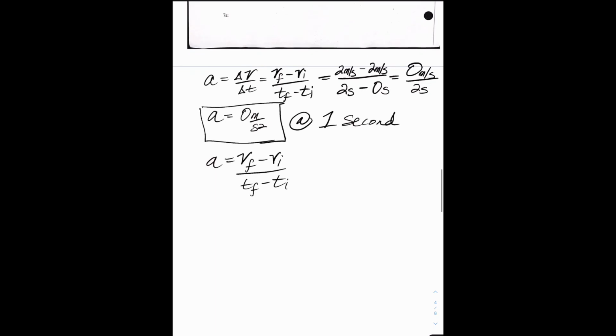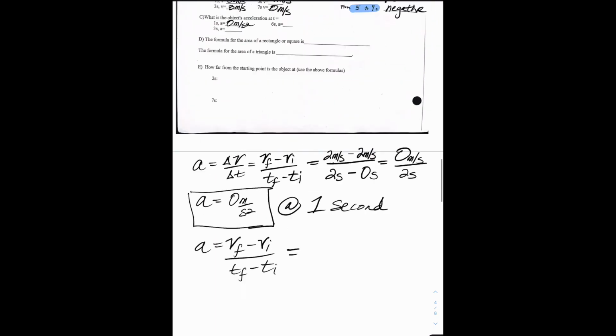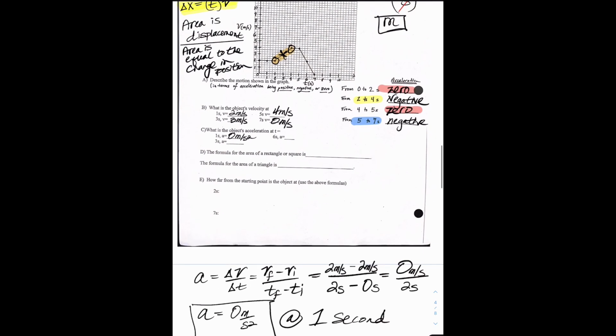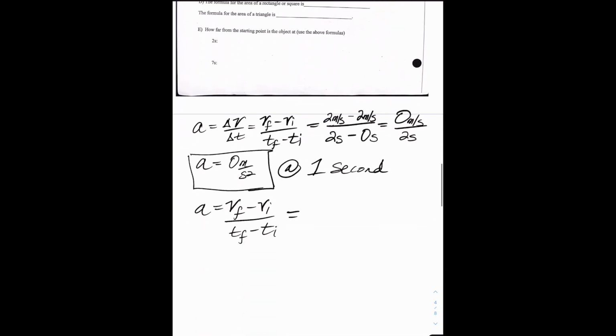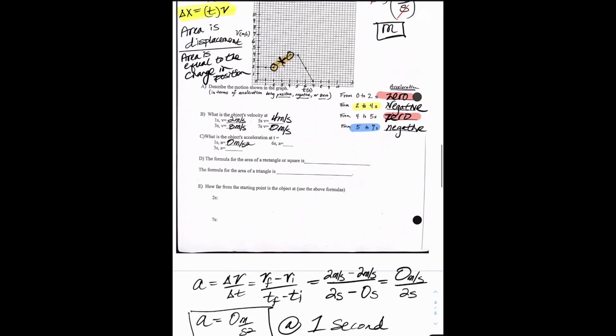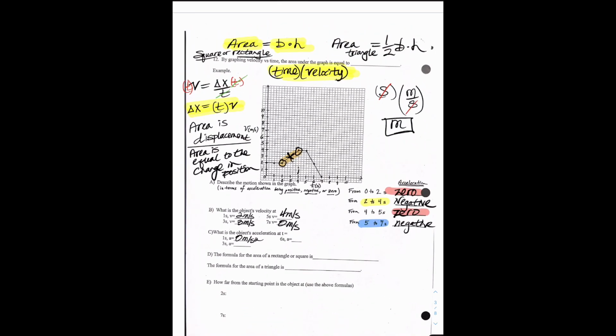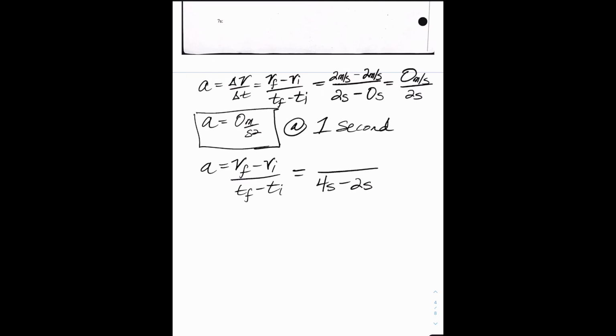My times there, if I look back up, are 4 seconds and 2 seconds. So I'm going to write those times in: 4 seconds minus 2 seconds. At 4 seconds, our velocity is what? Well, it looks like 4. Everybody agree? Yeah. And at 2 seconds, we're at 2. Pretty straightforward. So final velocity is 4 meters per second at 4 seconds.